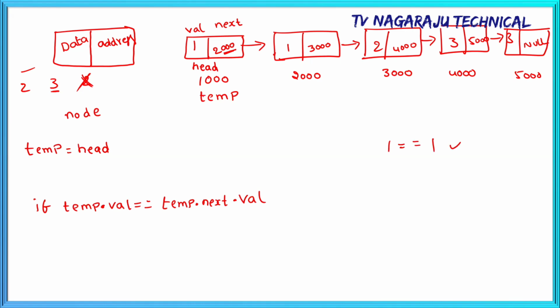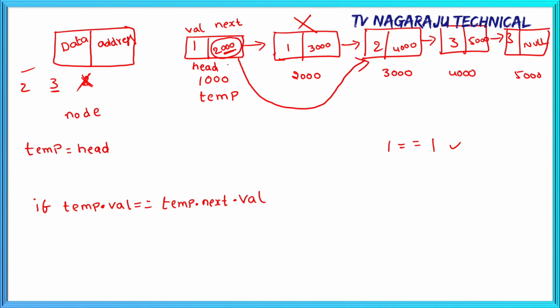If there is a match, what is your aim? You need to delete this node. How do we delete this node? If you are deleting a node in a single linked list, from the first node to the last node you must have some connection. So if we are deleting this node, how is the connection made? Simply, this node points to that node. That means what address do you need to store here?